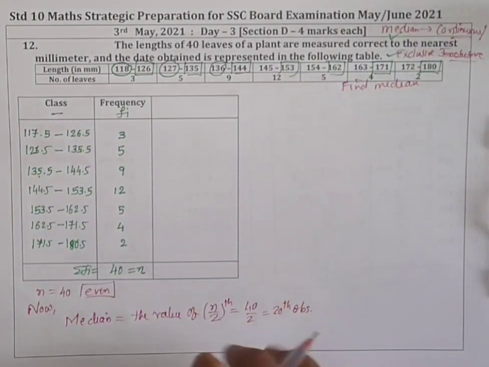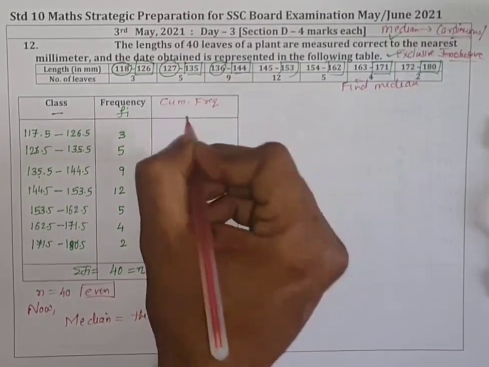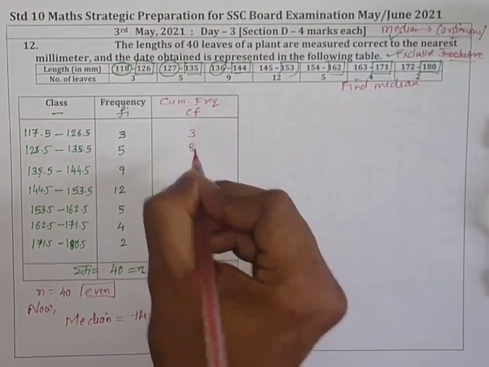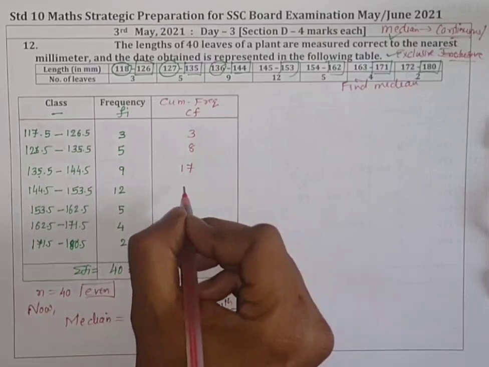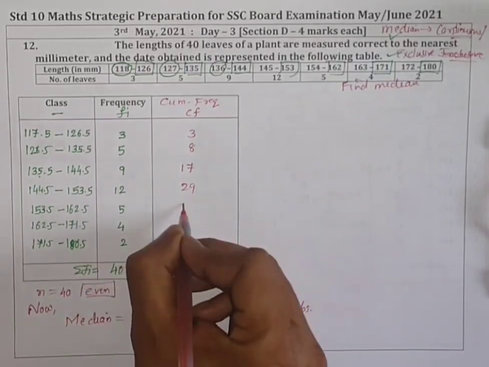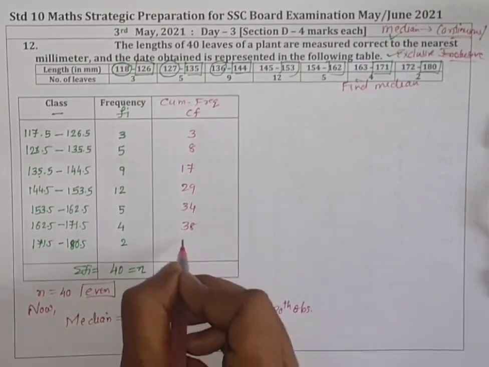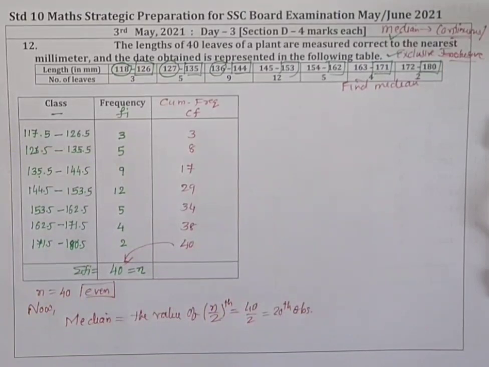Yes, 20th observation ढूंढने के लिए हमें चाहिए cumulative frequency, that is CF. ये 3, this is 8, this is 17, उसमें ऐड करो 12, 29, 5 ऐड करो 34, 34 में 4 ऐड करो 38, 38 में 2 ऐड करो 40 और आपको n मिल गया. That means nothing wrong in the addition. All right, okay.